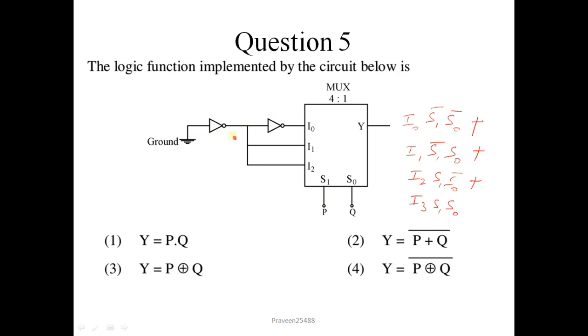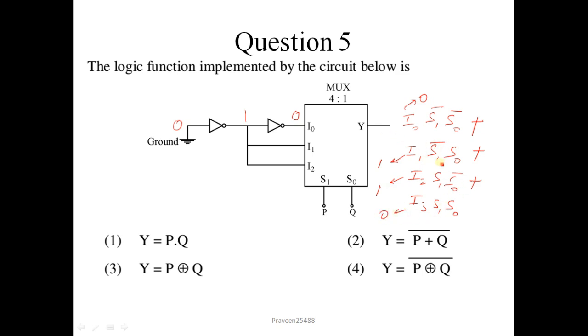So here I0 would be, here ground is 0, so this is your NOT gate, its negation would be 1, and again its NOT gate, its negation would be 0. So I0 is here 0, similar, and I1 and I2 is 1 here, and I3 is not given, so we'll take it as 0.